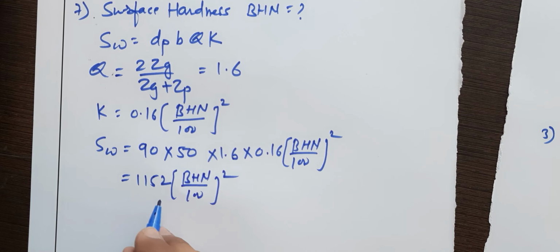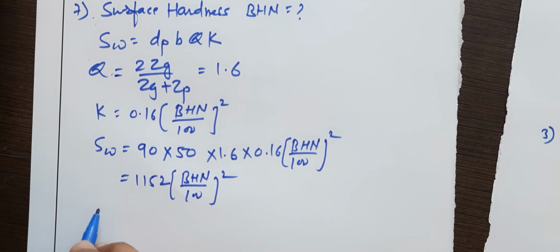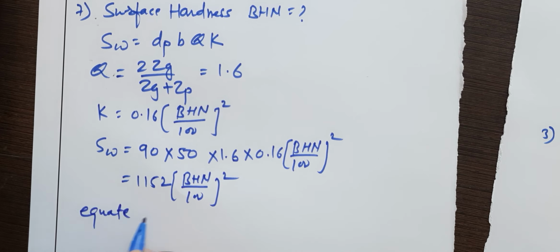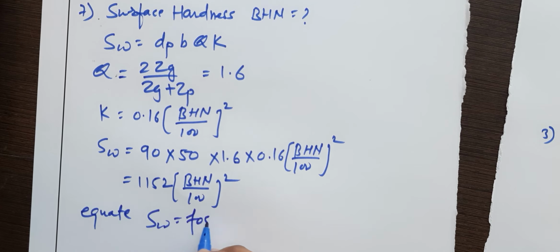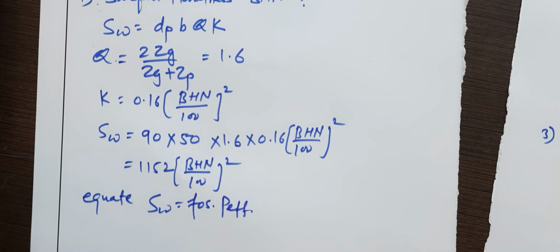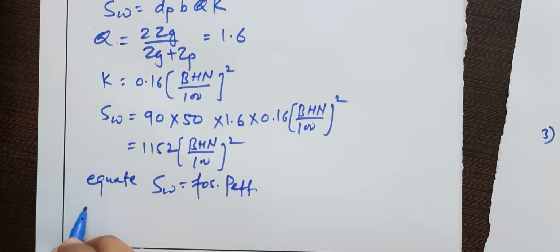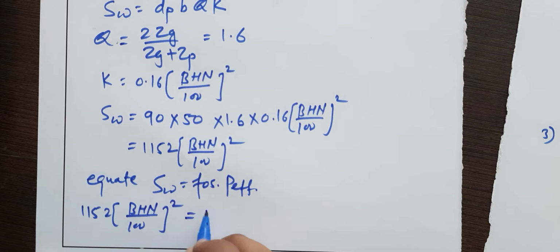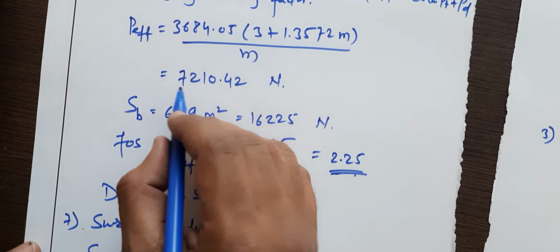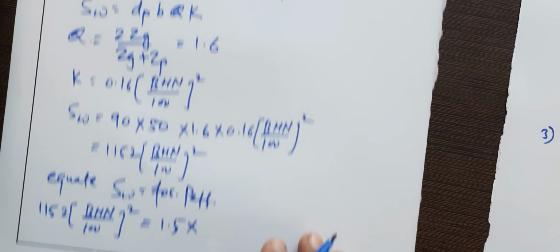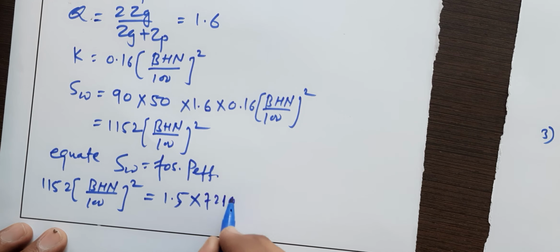Then after this you have to equate this SW with factor of safety into P effective. Here we have the factor of safety, we have P effective, and we have SW in terms of BHN, so we will get BHN. So 1152 BHN by 100 square is equal to the factor of safety 1.5 into P effective, which we just calculated as 7210.42.